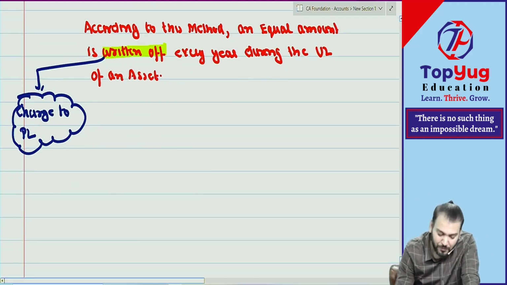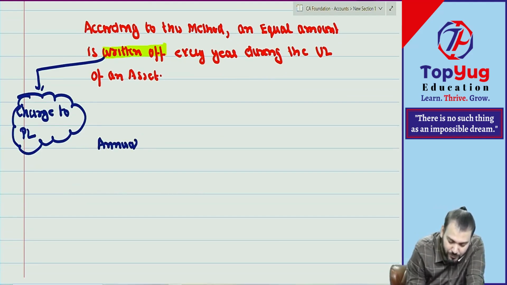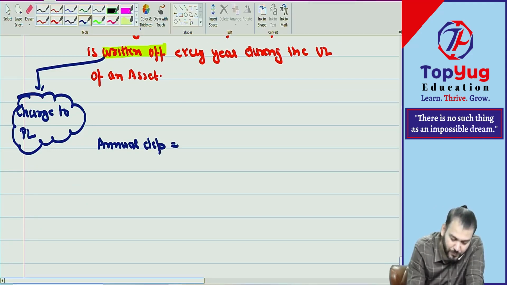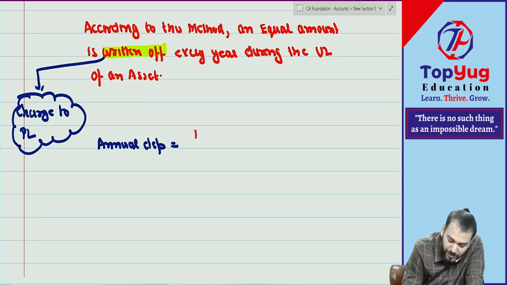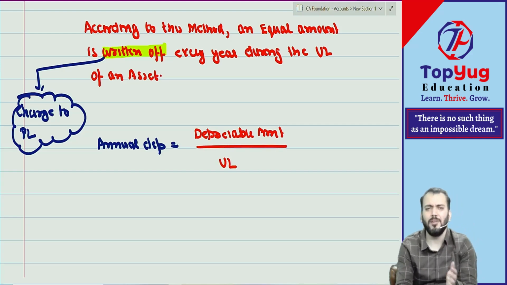What will be the formula to calculate depreciation? Write down: annual depreciation will be equal to depreciable amount divided by useful life. Simple formula. Now what is the depreciable amount?